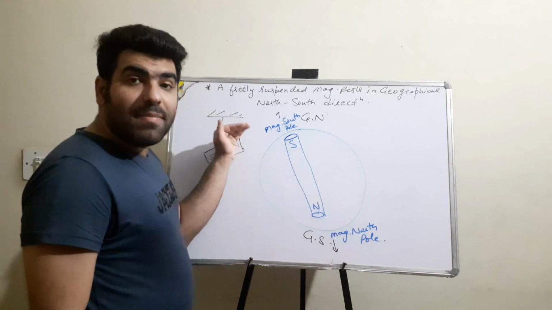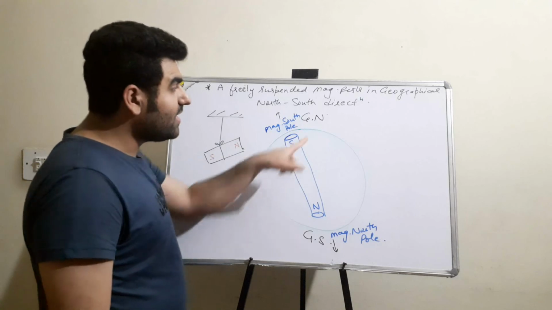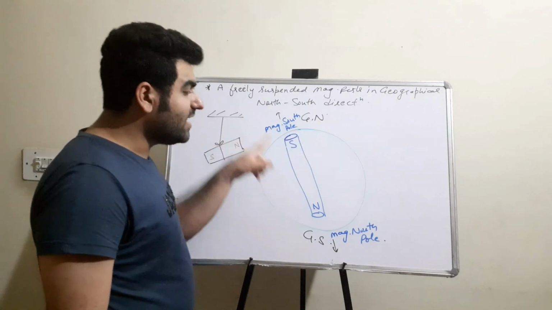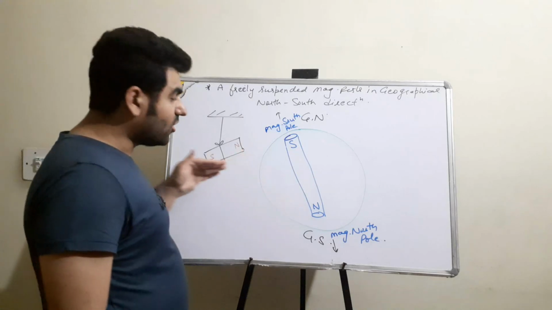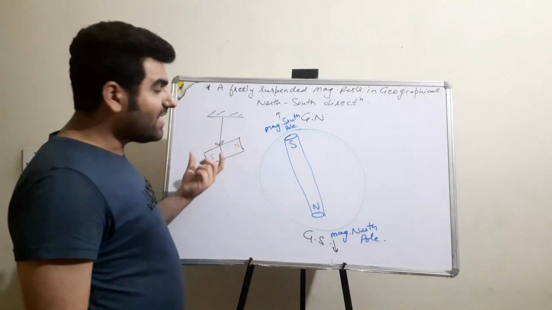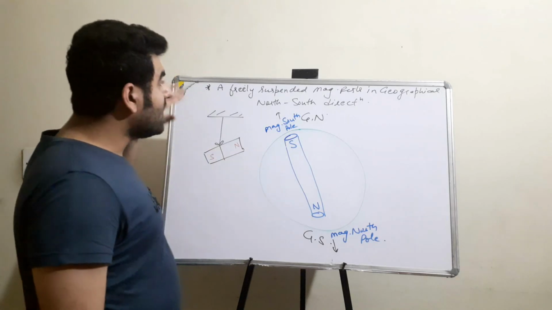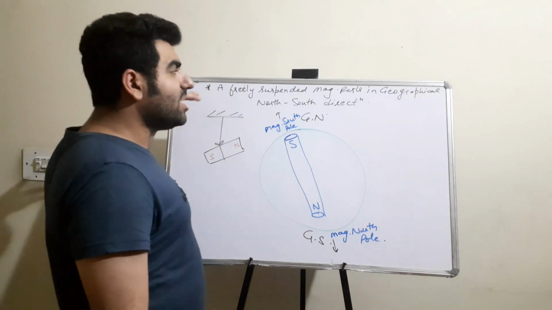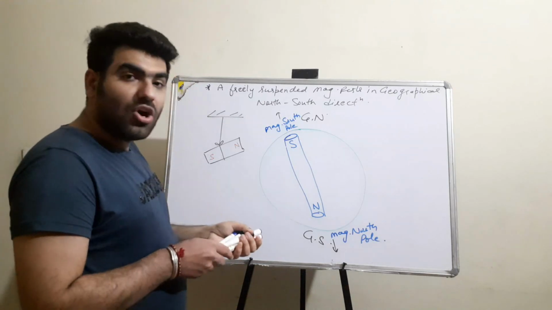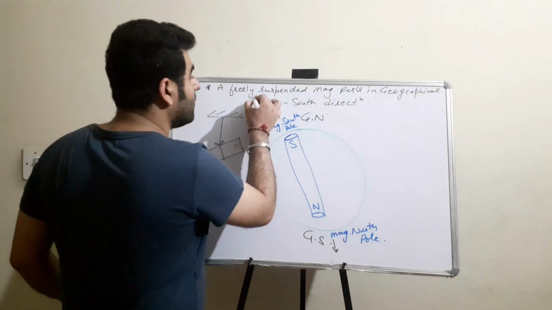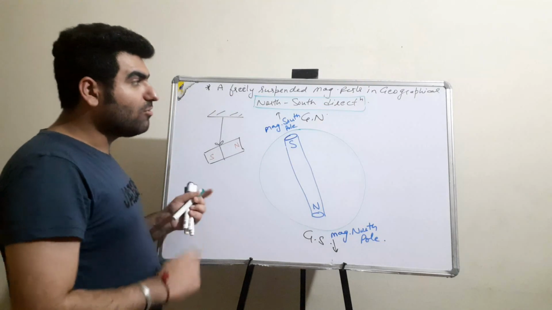These are the geographical poles, and these are the magnetic poles, known as the earth's magnetic poles. South will attract, north will repel the north pole, and it will always rest in this unique position, the north-south direction. So this was the reason that a freely suspended magnet always rests in the geographical north-south direction, and here is the proof. So this was all about this part.